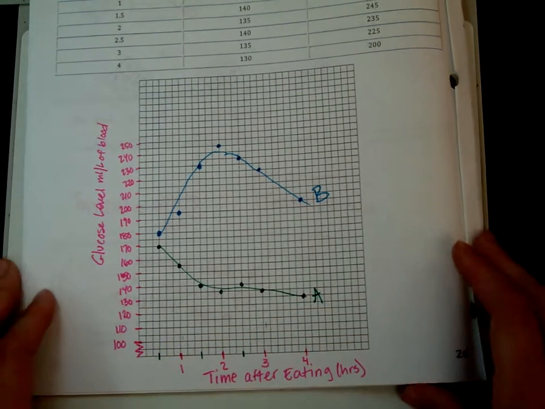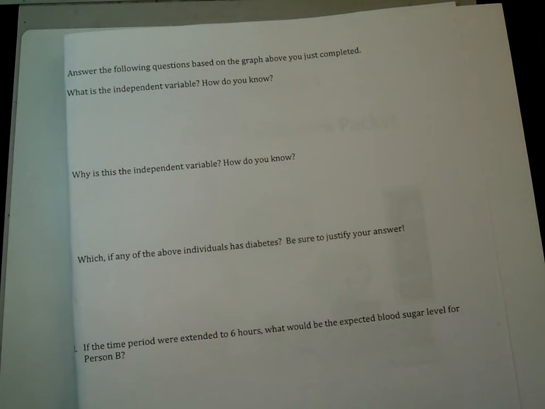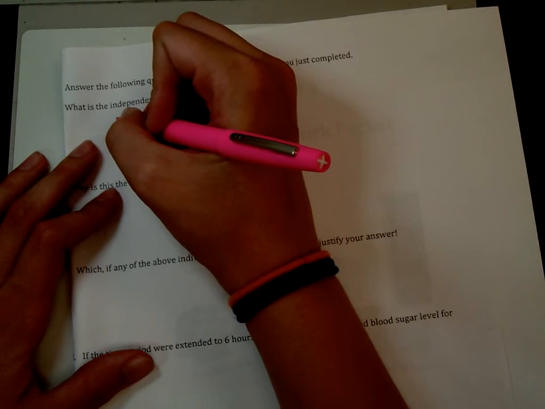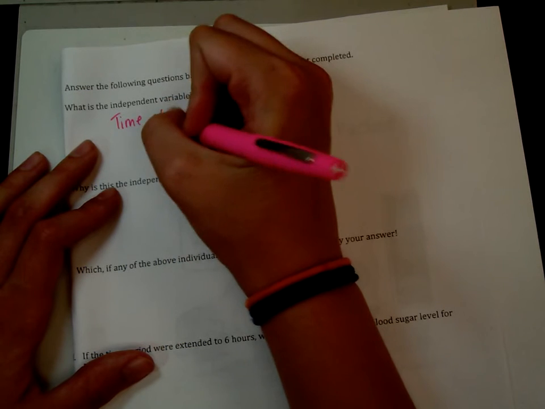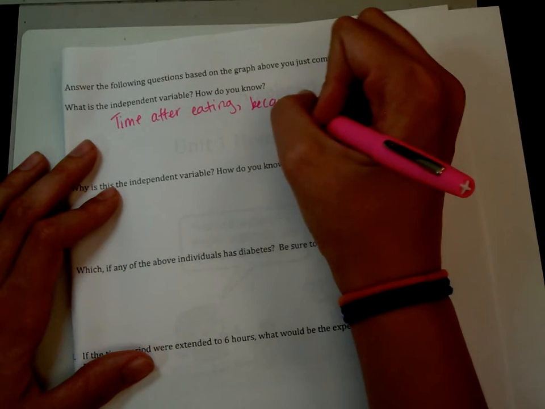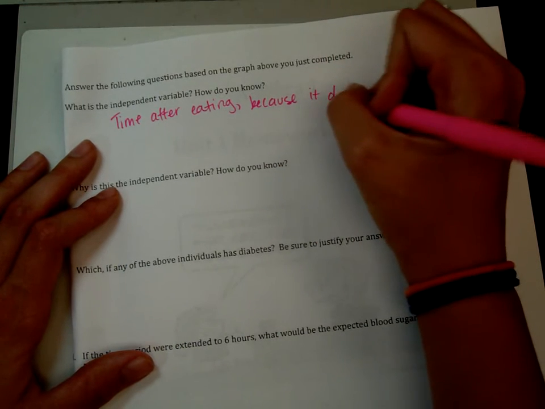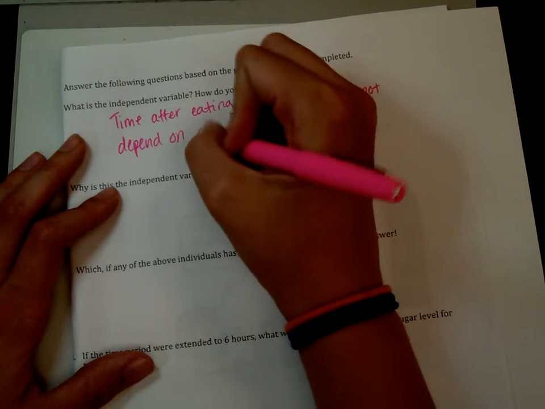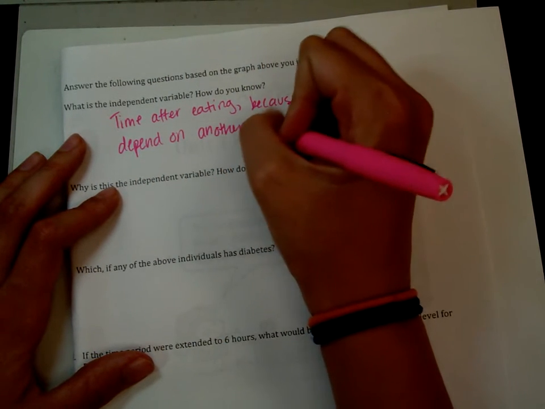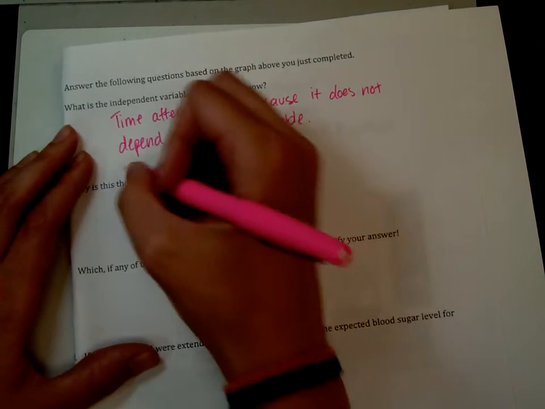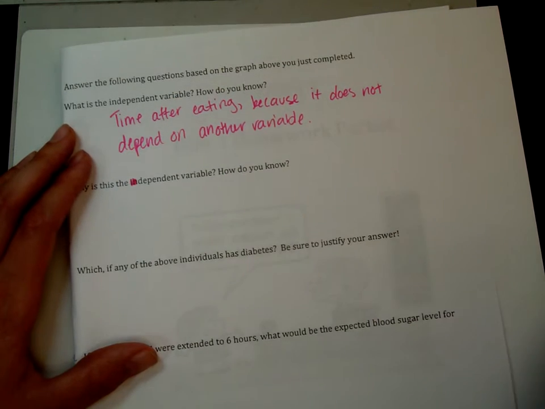So now we want to answer the questions about this graph. So what is the independent variable and how do you know? The independent variable is time after eating, because it does not depend on another variable. The next question says, what is the independent variable? That's a typo. It should say, what is the dependent variable?